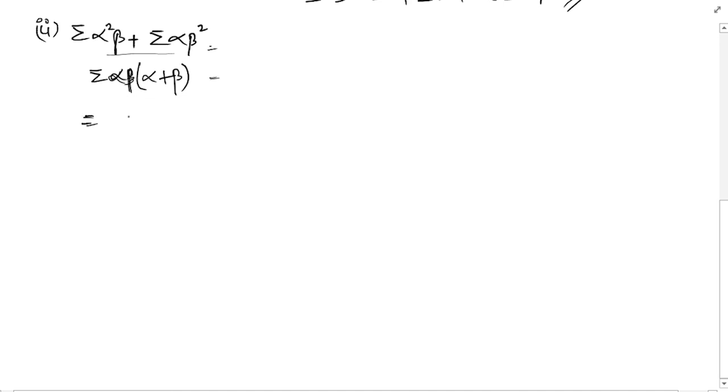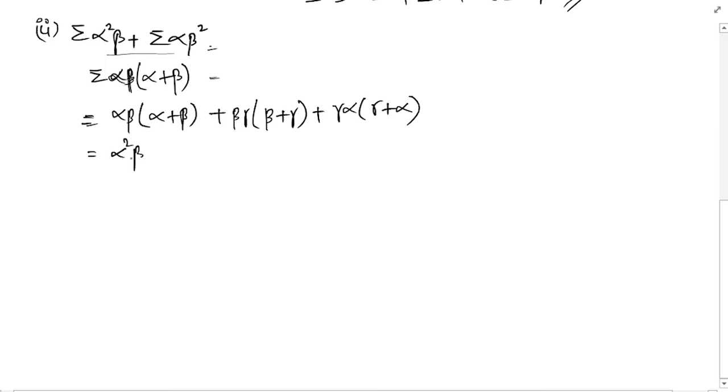So now this can be written as alpha beta into alpha plus beta plus beta gamma into beta plus gamma plus gamma alpha into gamma plus alpha. So this can be written as alpha square beta plus alpha beta square plus beta square gamma plus beta gamma square plus gamma square alpha plus gamma alpha square.